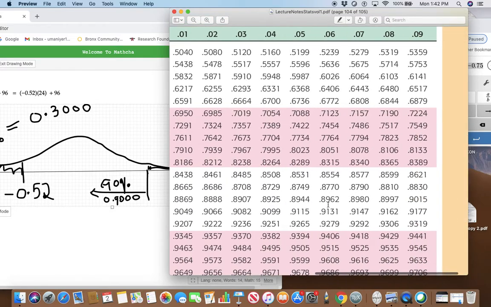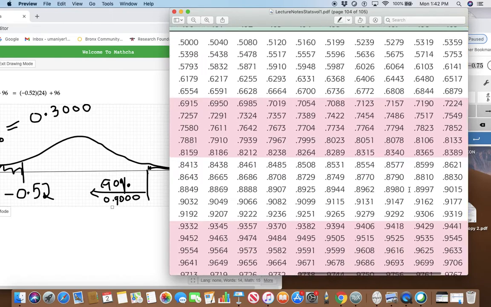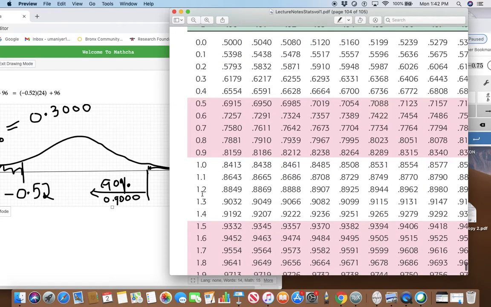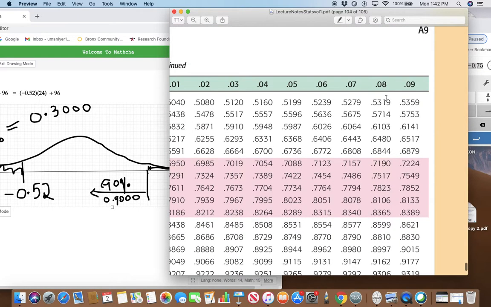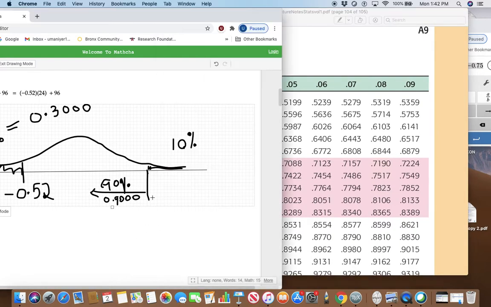You see, 9015 is here. So 9000 will be here. 15 more, 13 less. You see, 15 more, 13 less. So it's better to go with this one.